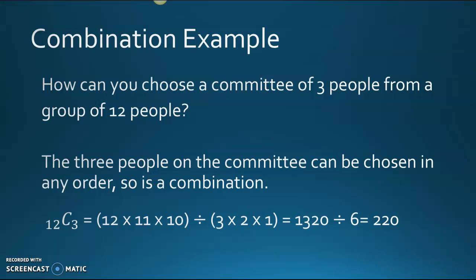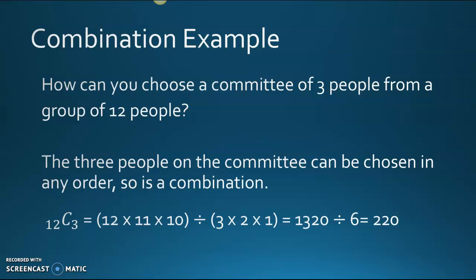Now, if we wanted to do a combination, we can say, well, what if we just took a committee of 3 people? Let's not give them titles. We'll just put those 3 people in charge. So we have a committee of 3 people. Now, when I decided to do that, there are a couple more people to join. So we've got 3 out of 12. The order of the 3 people on the committee doesn't matter. We can choose them in any order. So this is a combination. The notation is to say we have 12 people. We're choosing the number of combinations 3 at a time.